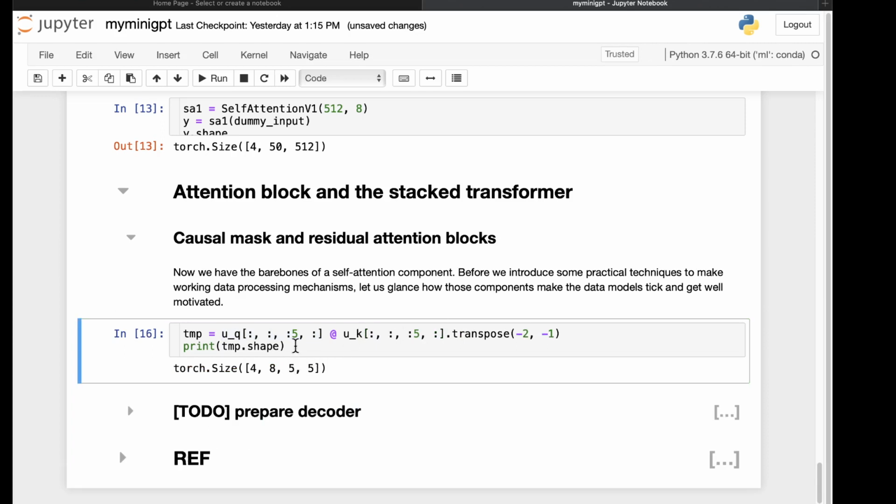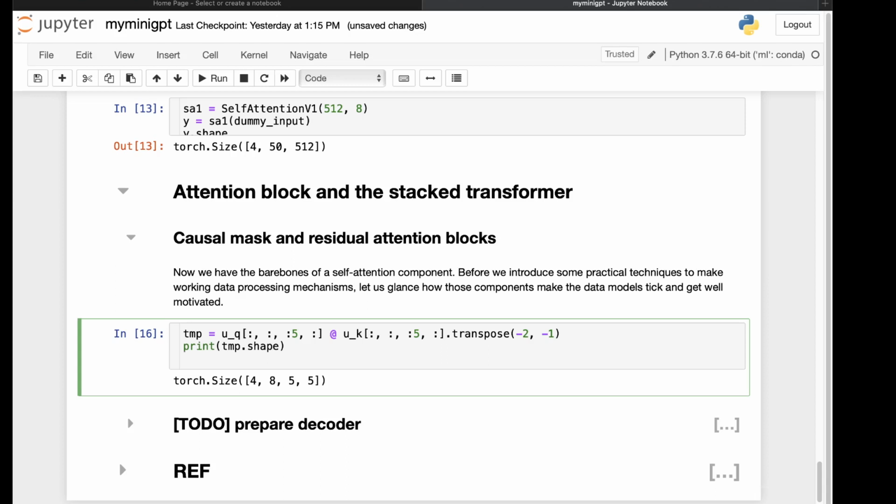Okay, now it's 5 by 5. The task here, let's just inspect one particular piece of attention matrix. Let's consider the first example and its first head, and consider its attention.